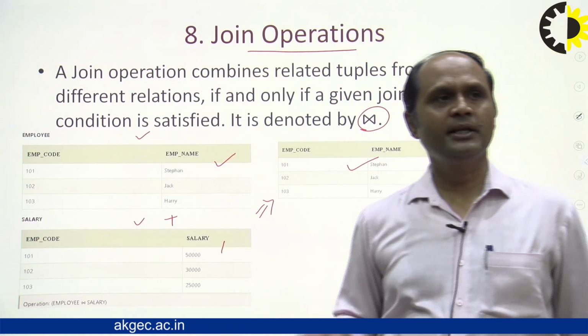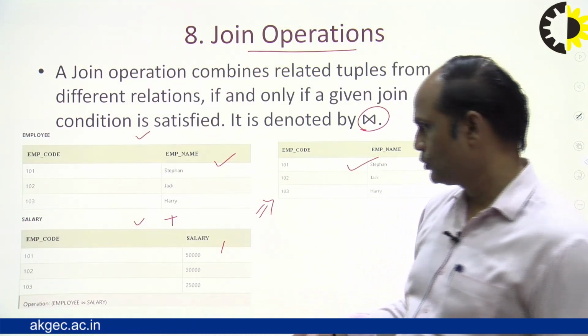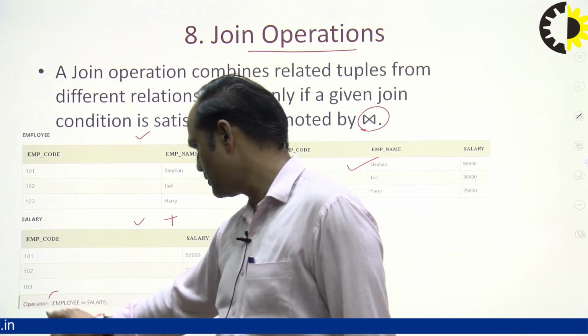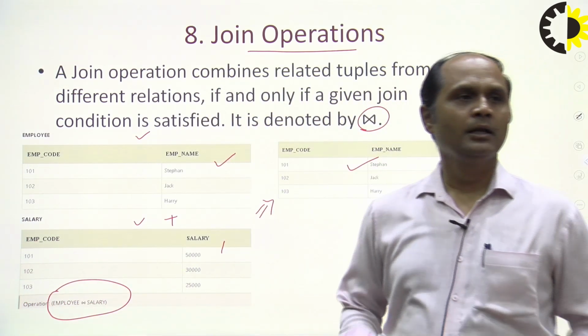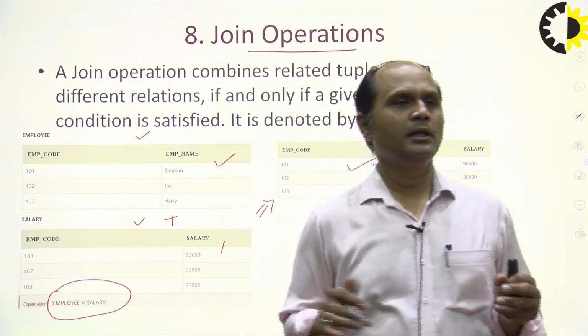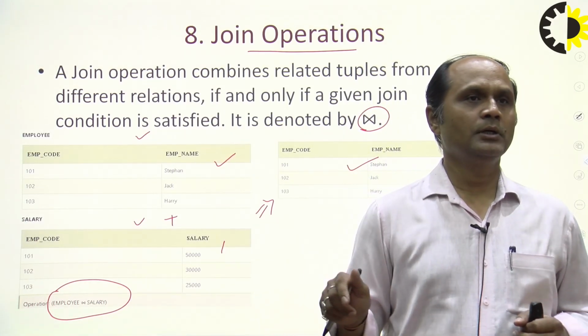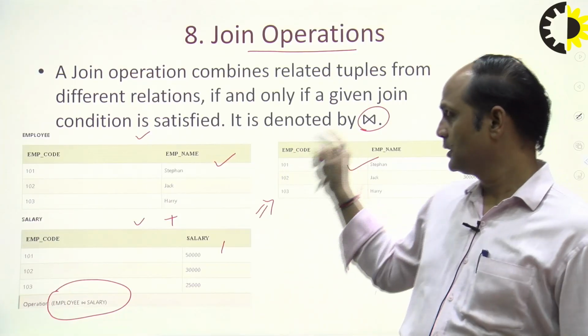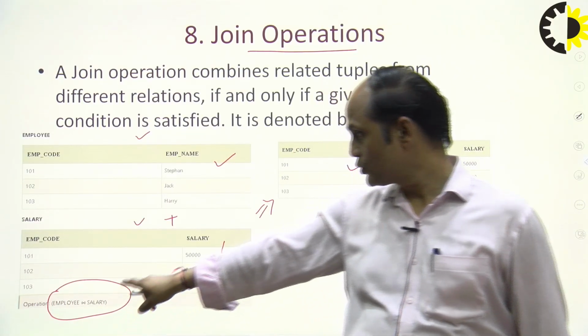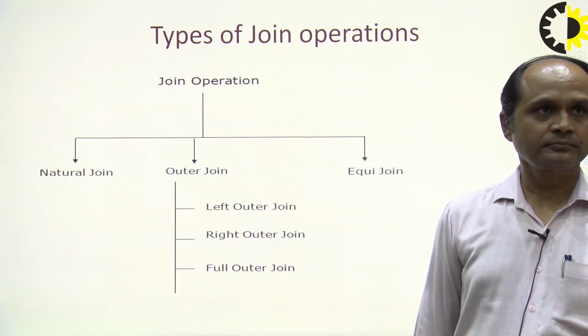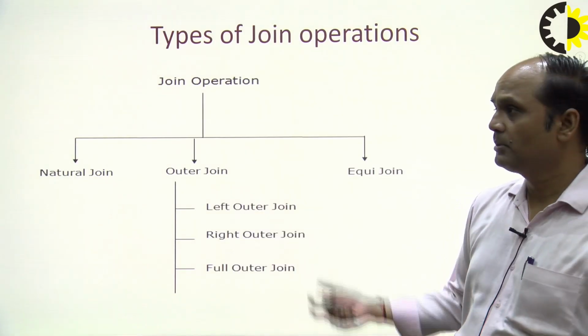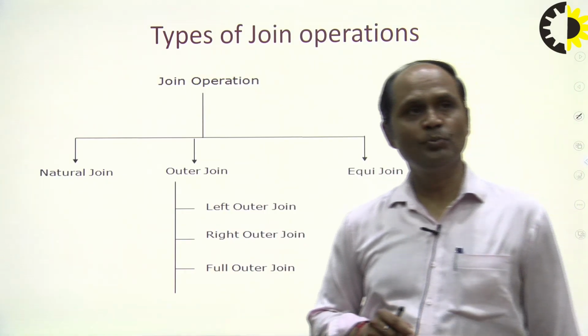So how can it be combined? This is the operation we use to combine the tables: employee join salary.